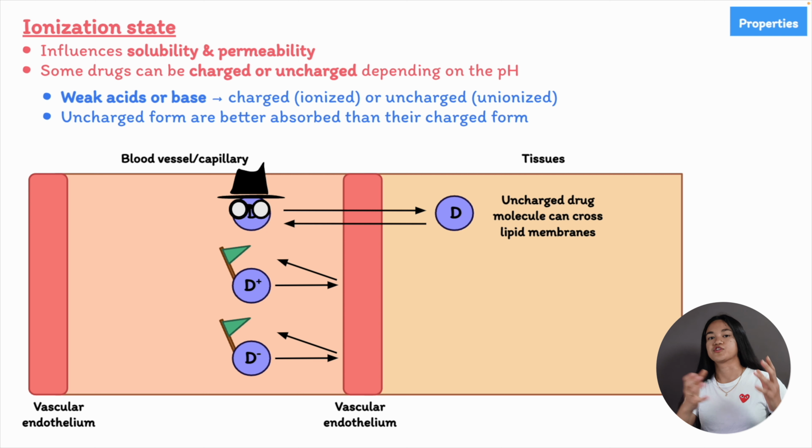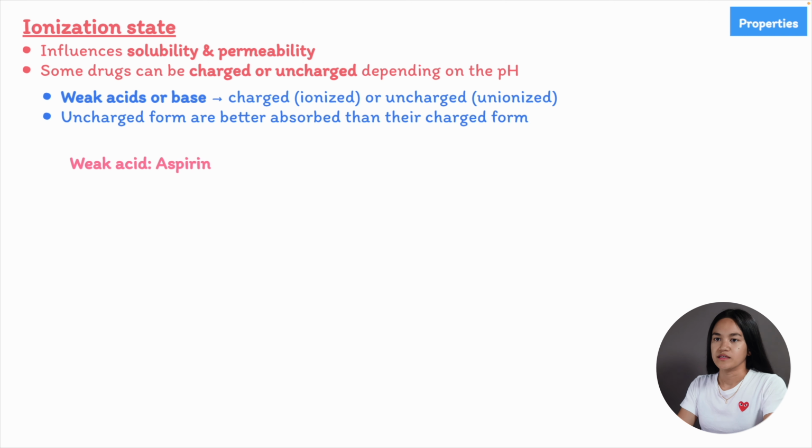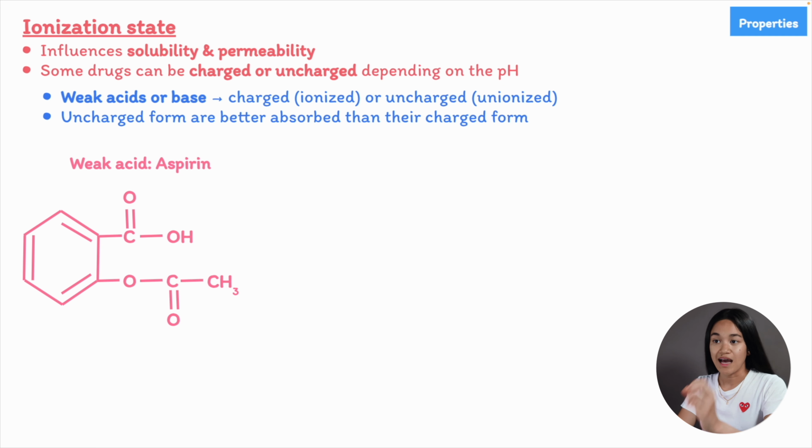So remember, if it's charged, it's waving a positive or negative flag, and if it's uncharged, it's incognito, it's in private. Let's go through an example of a weak acid and base. An example of a weak acid is aspirin. And aspirin can exist in two forms depending on the pH.